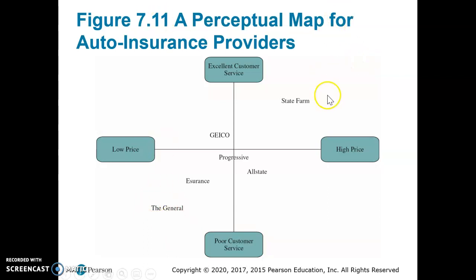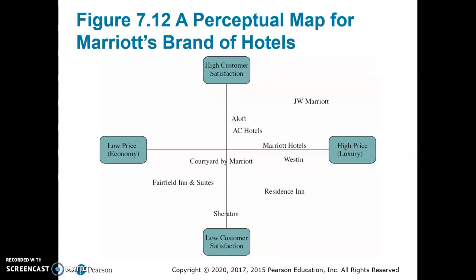Versus State Farm, who's going to be a little higher price, but is going to have excellent customer service. Another use of this is you can actually see if there's any gaps here. So, Geico seems to have a little bit of an advantage here because they're a lower price, but they have a little bit better service than average, so that can lead to a competitive advantage.